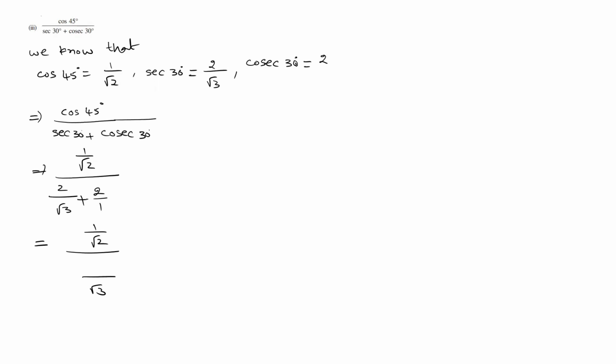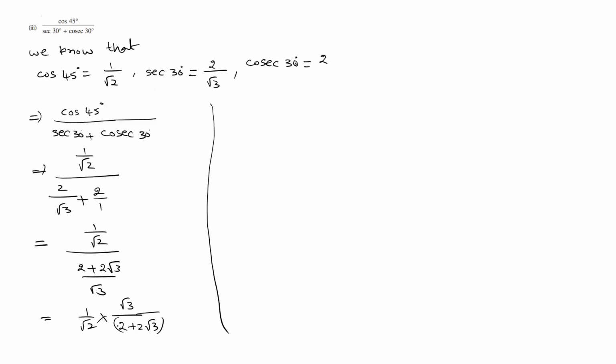Doing the cross multiplication, 1 into 2 is 2, plus root 3 into 2 is 2 root 3. So it can be written as 1 by root 2 multiplied by the reciprocal of the denominator function. So this is nothing but root 3 divided by 2 plus 2 root 3. Okay.